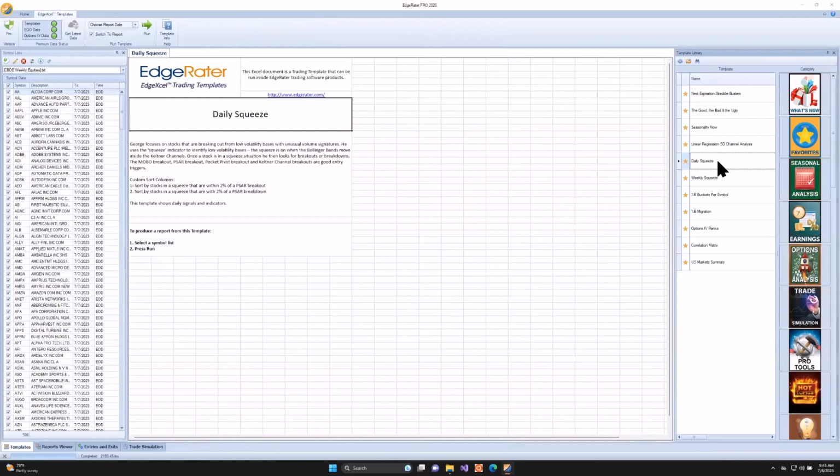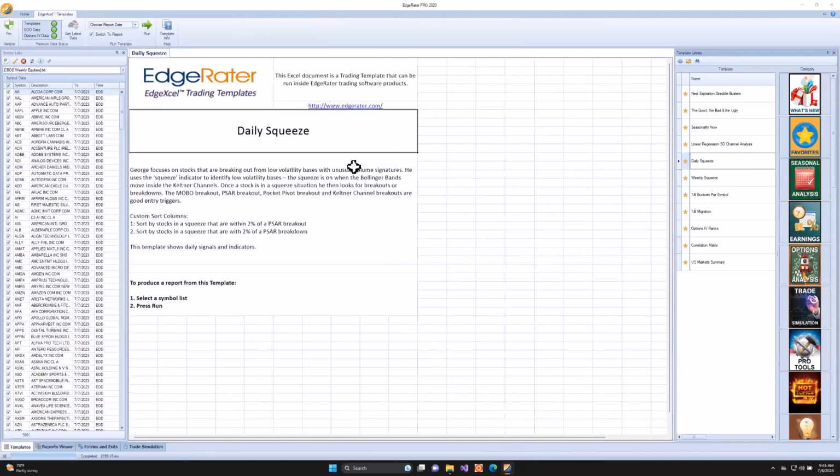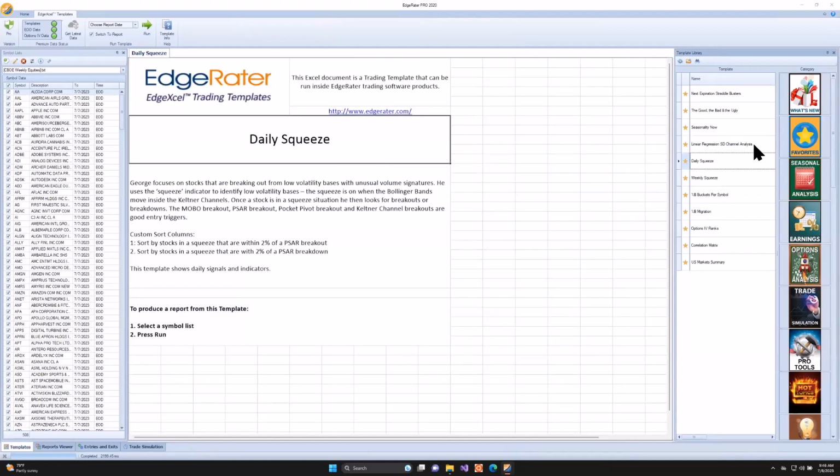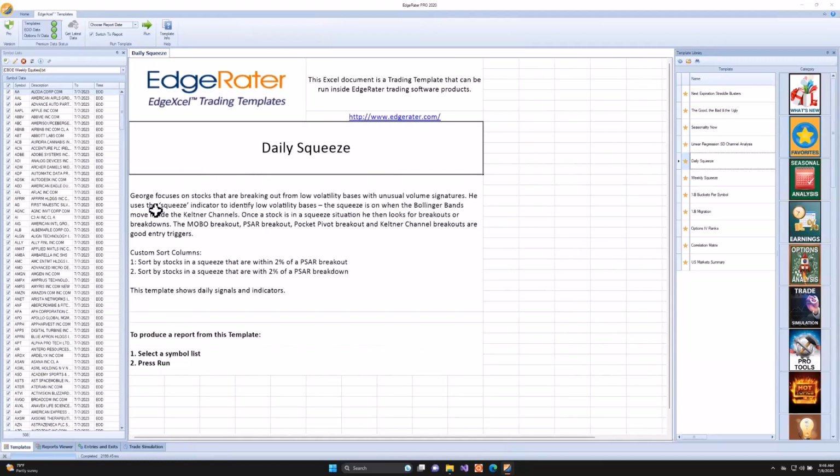So, squeeze template. This is something that when I worked a lot with George Lee, he was very much into the squeeze. And so I wrote this template for George and George's followers. George focuses on stocks that are breaking out from low volatility bases with unusual volume signatures.